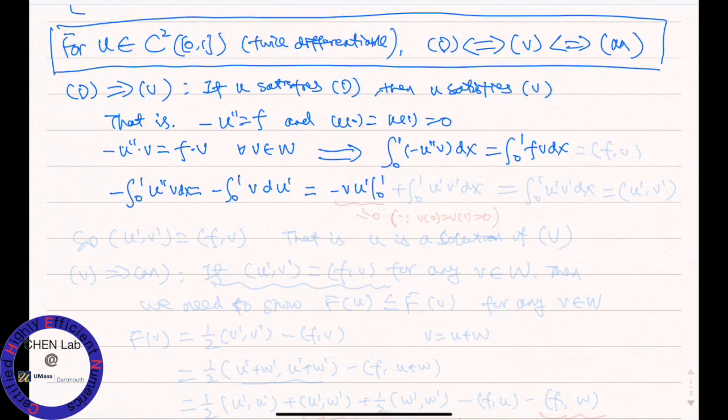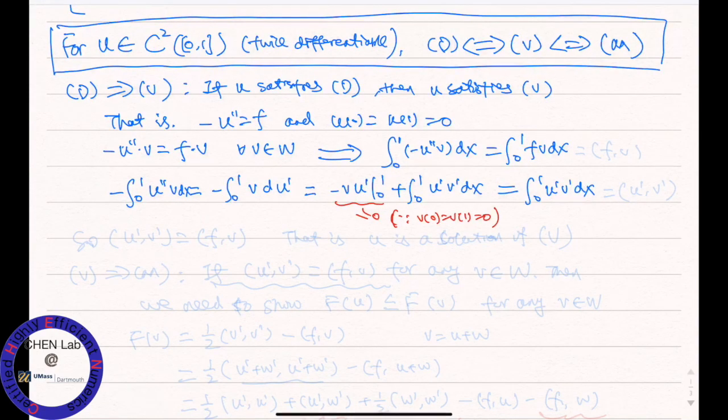Minus minus becomes plus, the integral from 0 to 1 of u prime, then you put the derivative on v, v prime dx. This is actually equal to the integral from 0 to 1 of u prime v prime dx, because the boundary term is 0, since v0 is equal to v1 is equal to 0. So that term goes away.